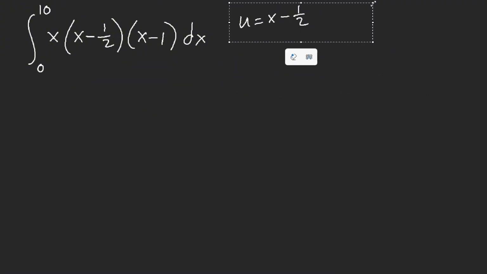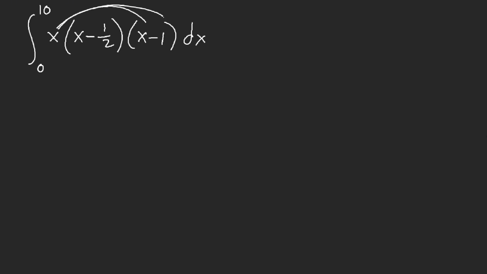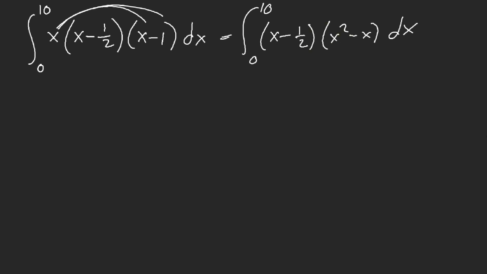And now, let me show you the shortcut that you're supposed to do. You want to distribute this to here. So you should get the integral from 0 to 10 of x minus a half, x squared minus x dx. Now, I know I'm gonna sound crazy, but just trust me on this.